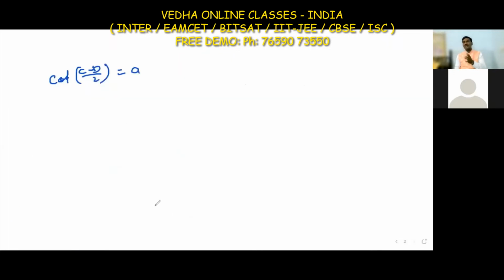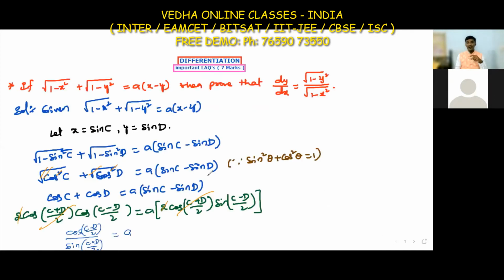Take this cot to that side, then we get c minus d by 2 is equals to cot inverse of a. Take this 2 to that side; here it is dividing, if you take it to that side, it multiplies. So 2 into cot inverse of a. Okay, now what is c, what is d? From equation 1, consider it as equation 1.